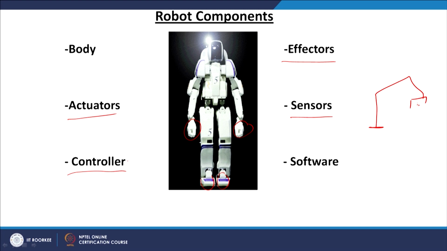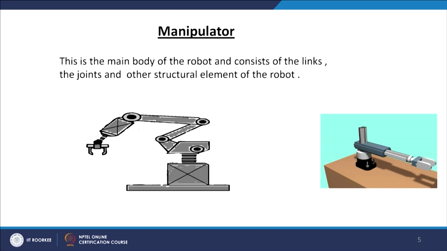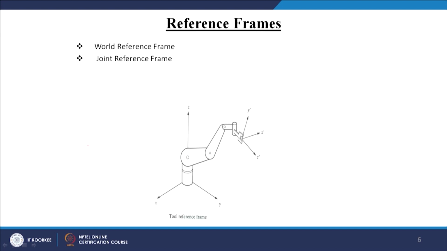With mathematical analysis one can design various efficient controllers to perform a task, and the software which will implement the controllers etc. A manipulator is the body of the robot. Here we can see the body, excluding the end effector.